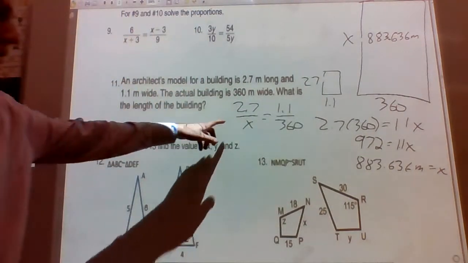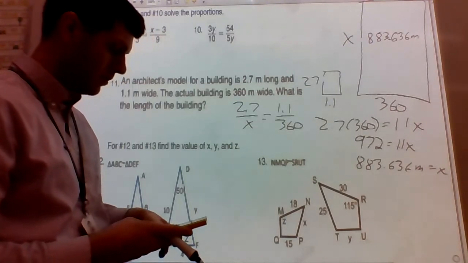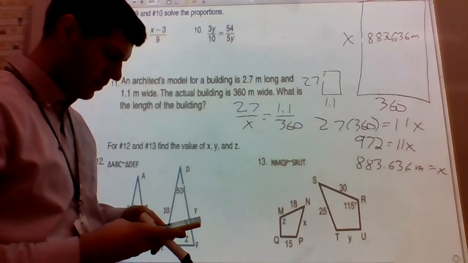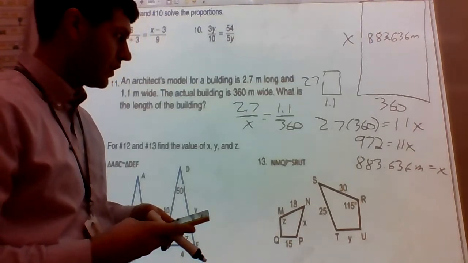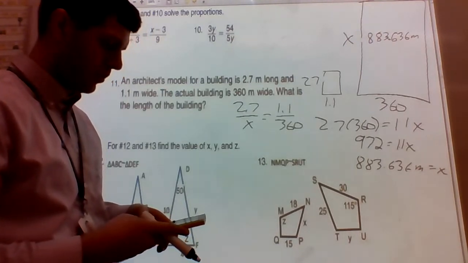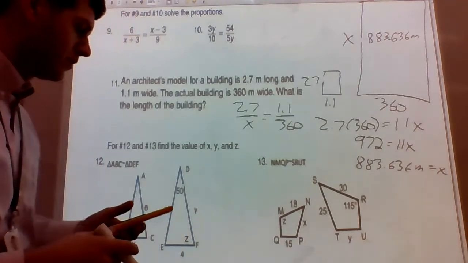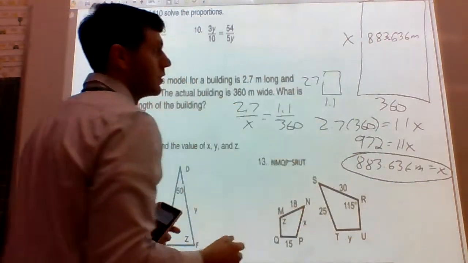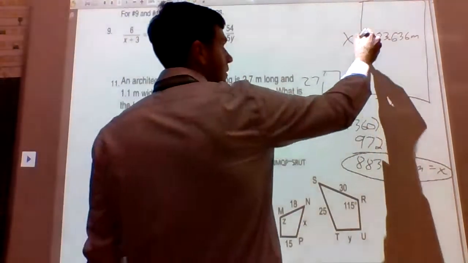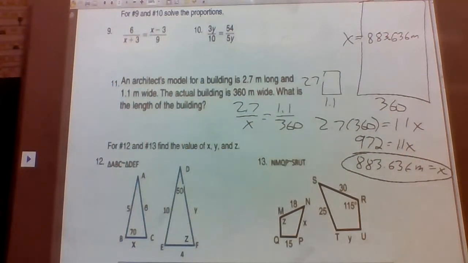Let's plug it back in just to make sure. 2.7 divided by our answer is 0.003056. Then 1.1 divided by 360 is 0.003056. So we know we have the correct answer. The length of the building is 883.636 meters.